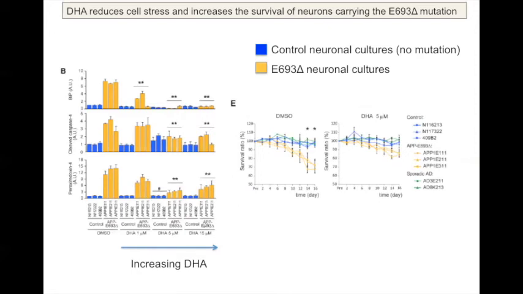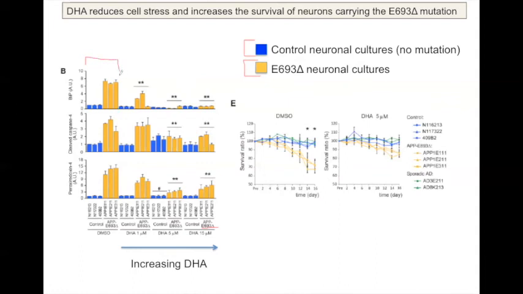mutation called E693 delta. So what the authors have done is the following. First of all, the columns in blue are our control neuronal cultures not carrying a mutation, and the columns in yellow are our E693 delta familial Alzheimer's cultures derived from our iPSCs. Here is the untreated control, which is DMSO.